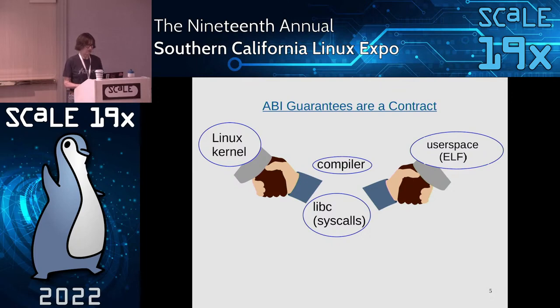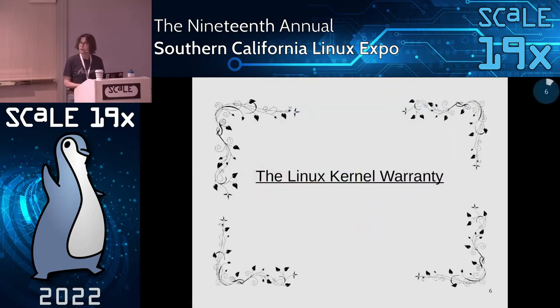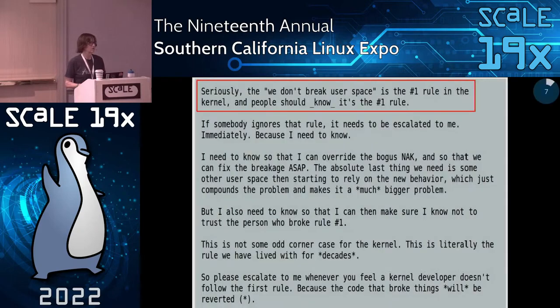hard feelings. So with that, I can't have this talk without telling you what Linus actually said and showing you his warranty for the kernel, which is presented in one of its more safe-for-work versions here. There are many instances of this rant in various forums over the years that you can find online.